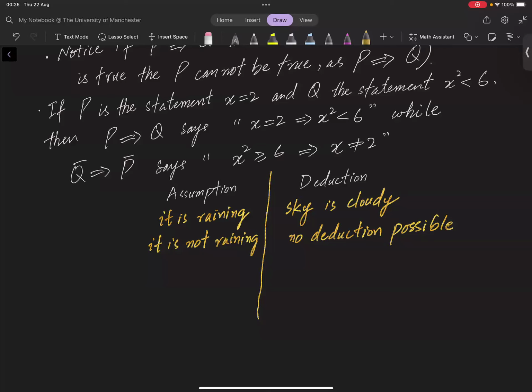If the sky is cloudy, same here, no deduction possible. If the sky is not cloudy, it is not raining.